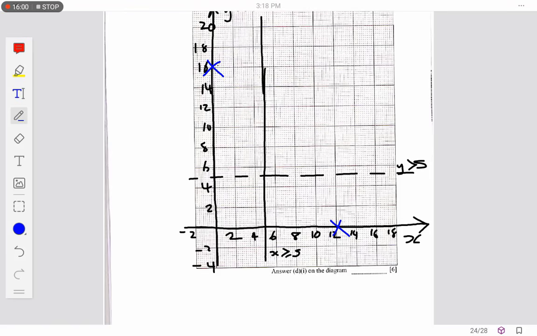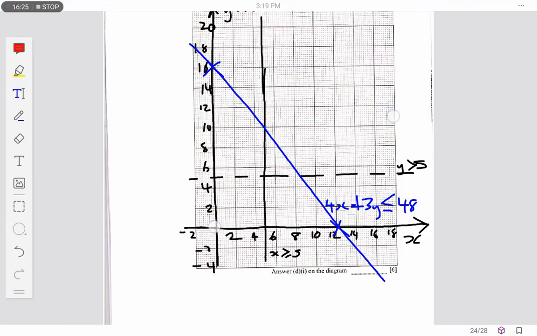It's bold because it is not broken. Okay, something like that. So this is my 4x plus 3y is less or equal to 48. Okay, let's go to the next one.